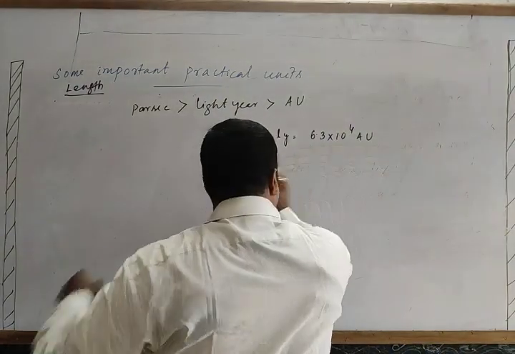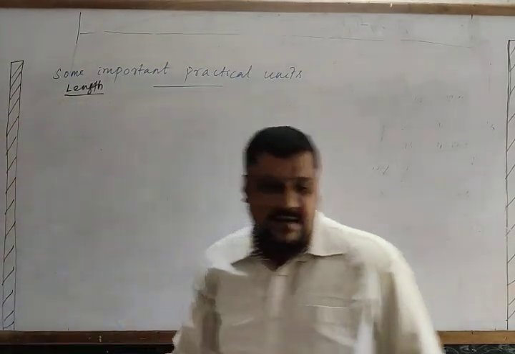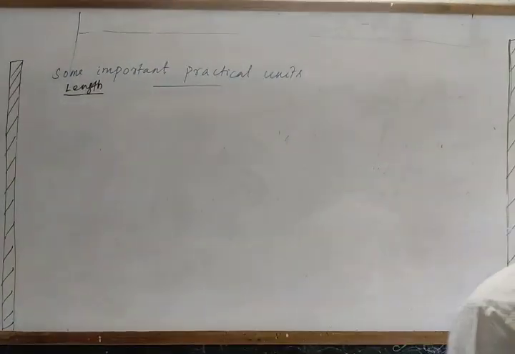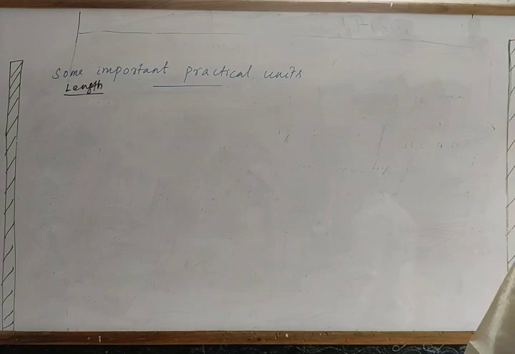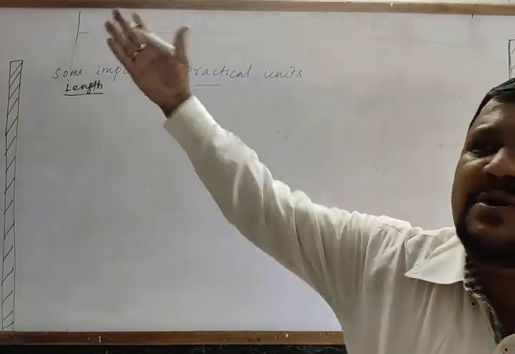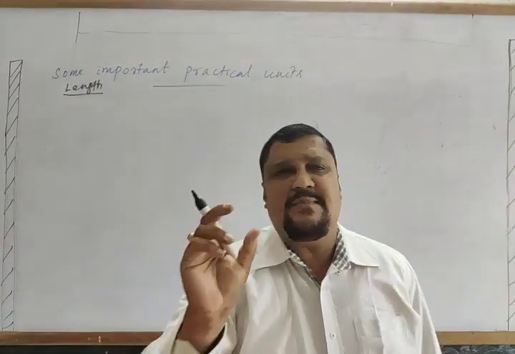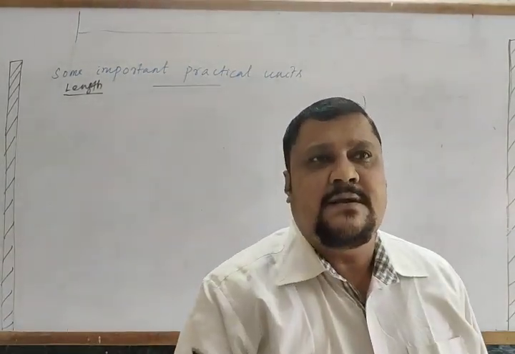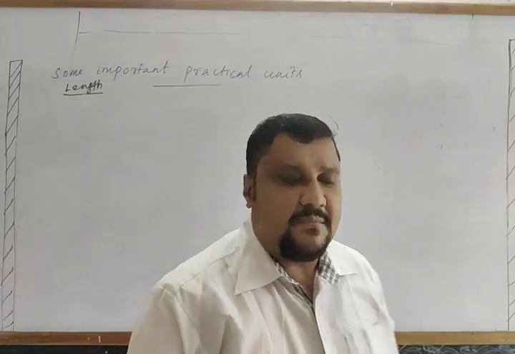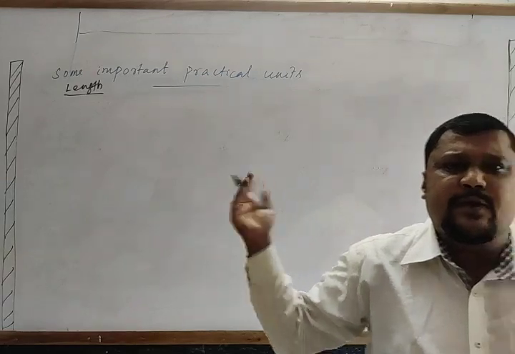What we discussed, these are used for very large distances, for the macroscopic level. In astronomy we use them for long distances. But when you are measuring small distances, like the radius of the nucleus or the radius of an atom, we are not using light years, astronomical unit or parsec.